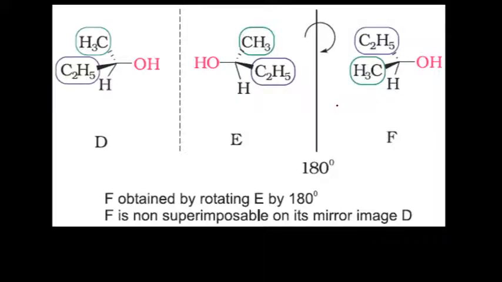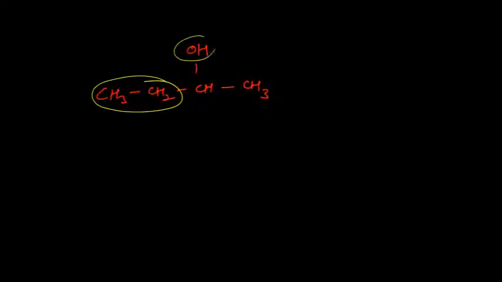Now consider butanol. First understand what butanol is. Butanol is CH3CH2CH(OH)CH3. It has four groups attached to this carbon, and those four groups are an ethyl group, a hydroxyl group, hydrogen, and a methyl group.